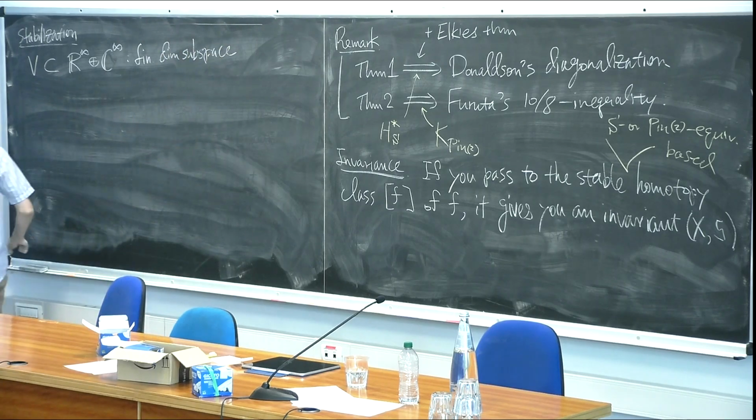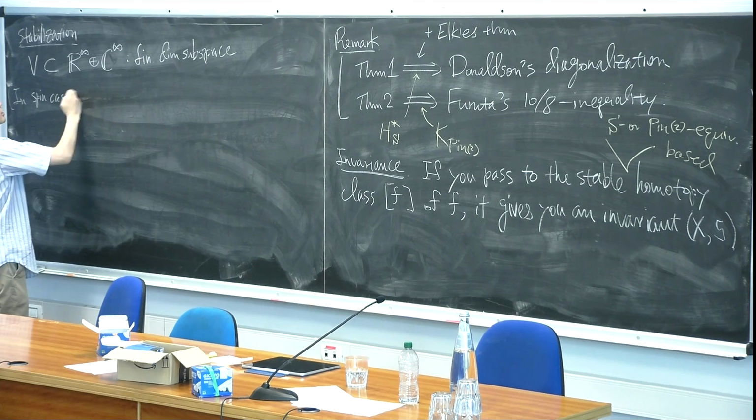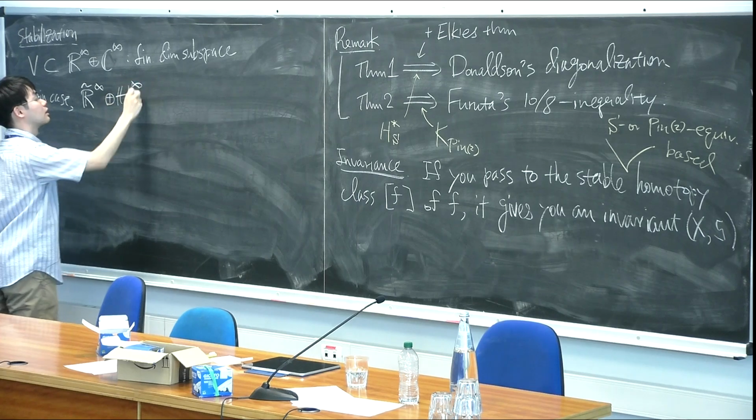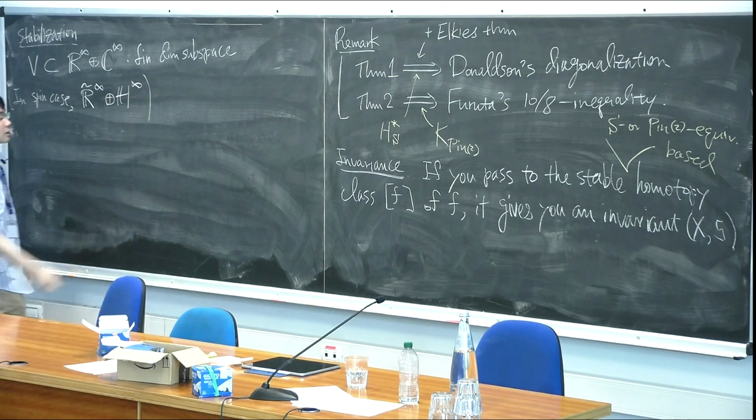In spin case, as you can expect, you should consider R to the infinity and quaternion infinity in place of this universe.